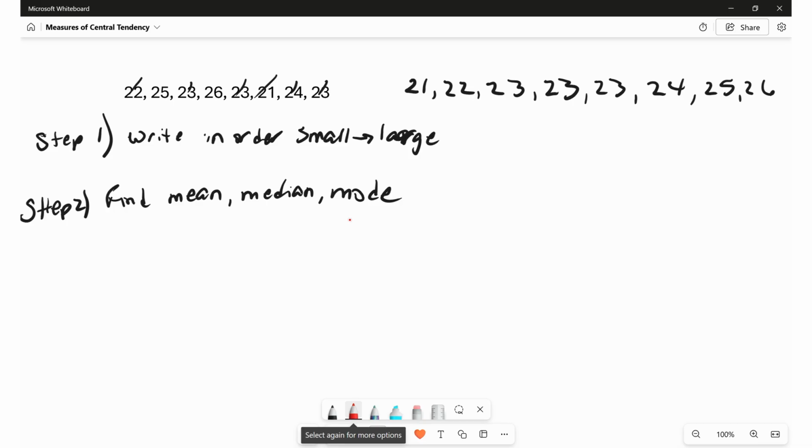So is mode. Remember that mode is the most? Well, we can see here that we've got these three values that are all 23. So that's clearly 23.